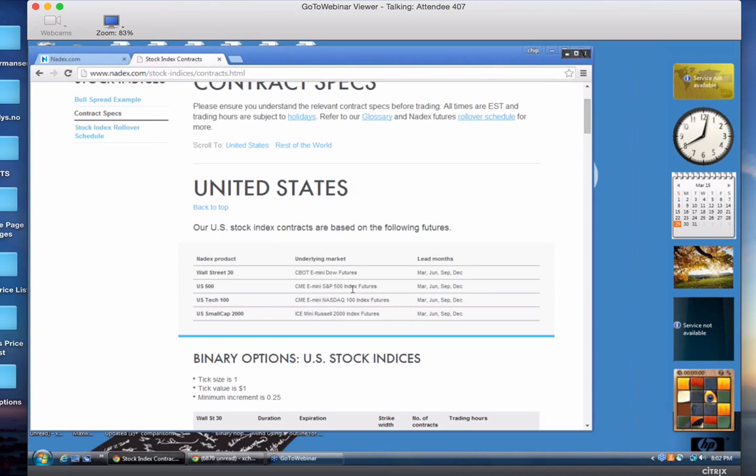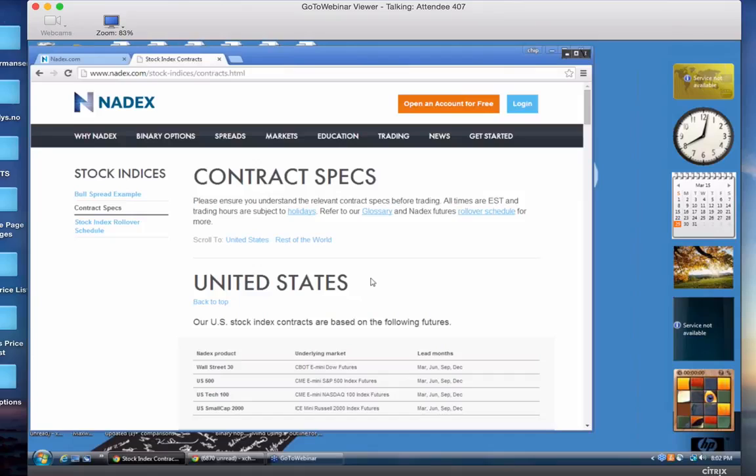Here it's the CME S&P, the ES. So you have to remember that the binaries are really a derivative of the futures. The futures are already a derivative as well of the cash, but that is the driving force to the price action on Nadex.